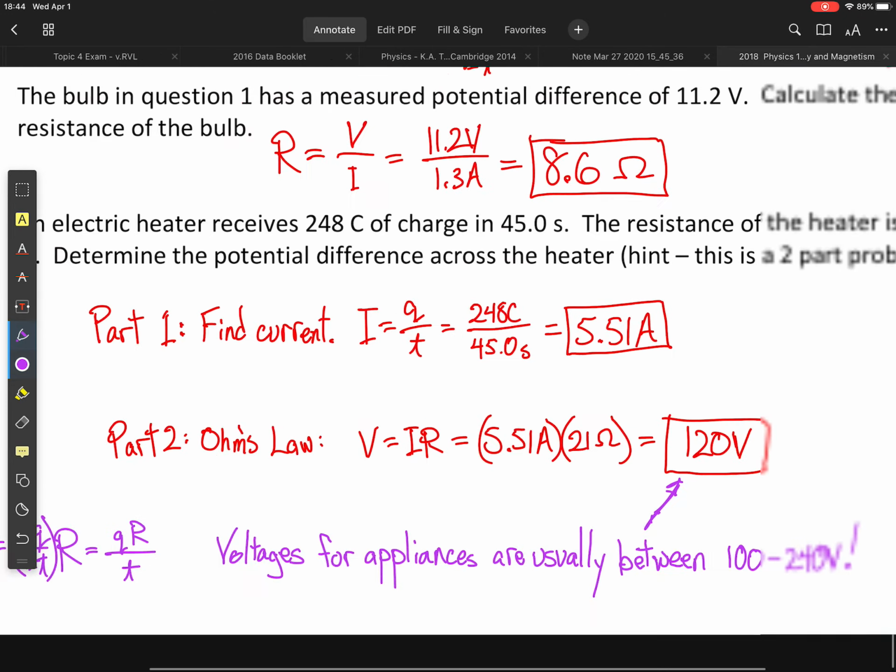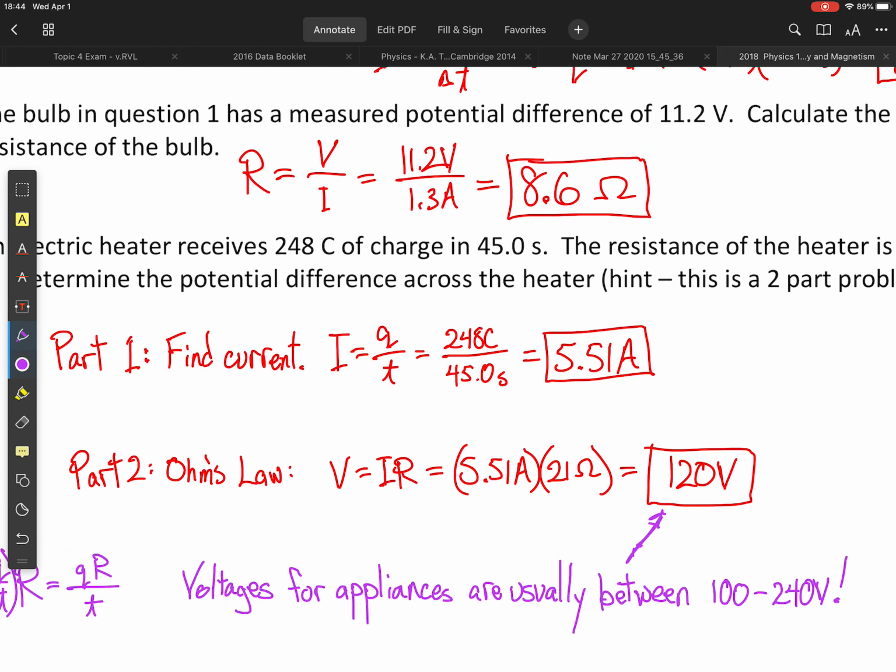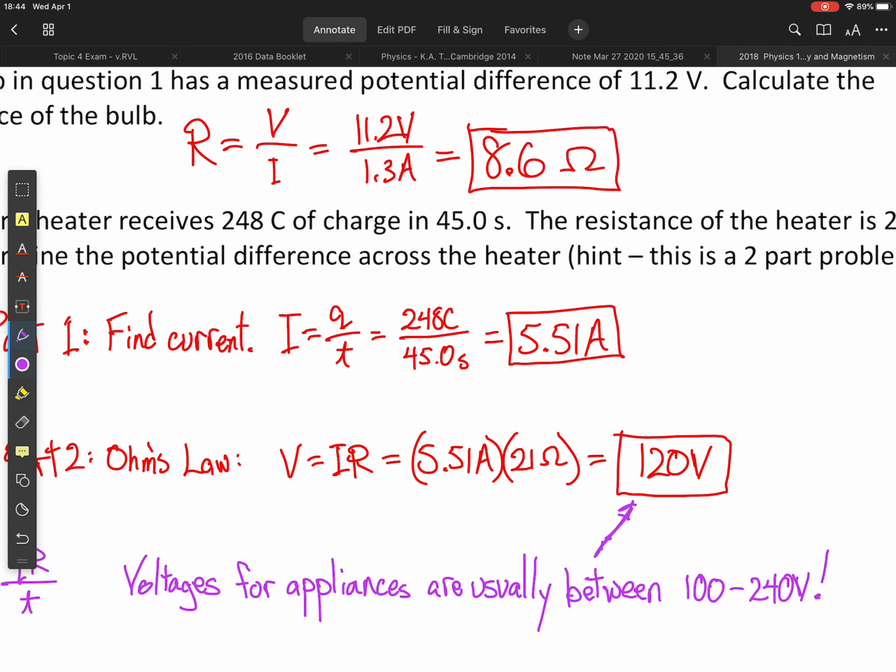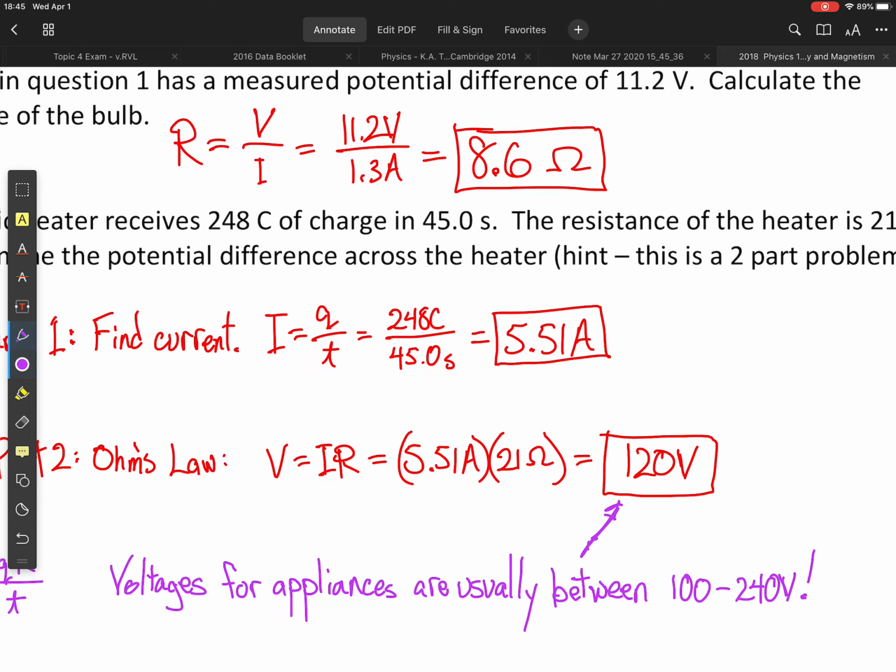The other thing I want to point out here is that this heater has a voltage of about 120 volts to 2 significant figures, and this is a very appropriate voltage for an appliance. So when you go to your wall plug, that wall plug in Japan will have a voltage of about 100 volts. Okay, so after I did the math here, I didn't really need to do anything else because I knew that 120 volts would be an appropriate value for an appliance in particularly the United States.